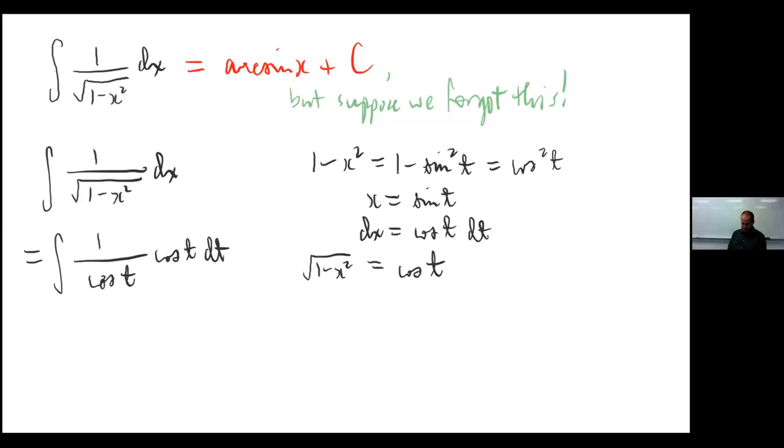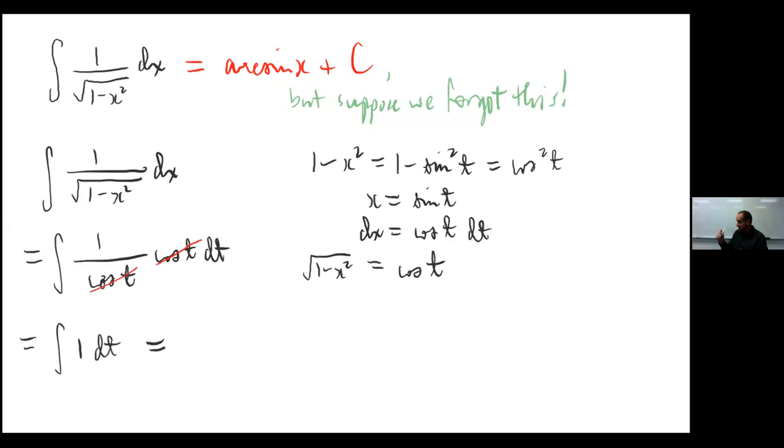And how lucky are we? The cosines cancel, and you're left with the integral of 1 dt.